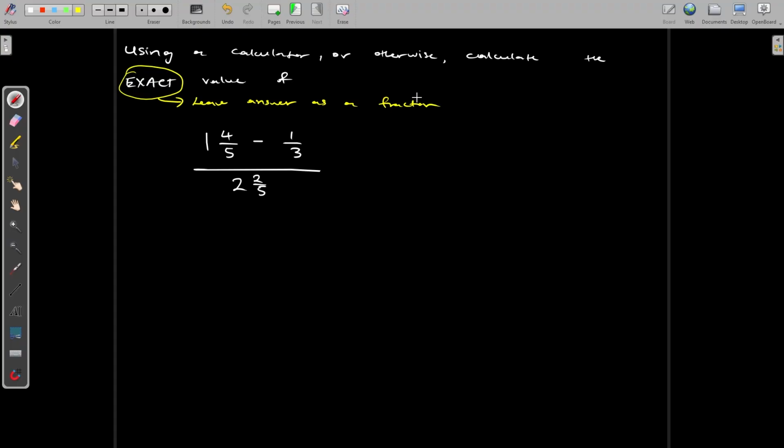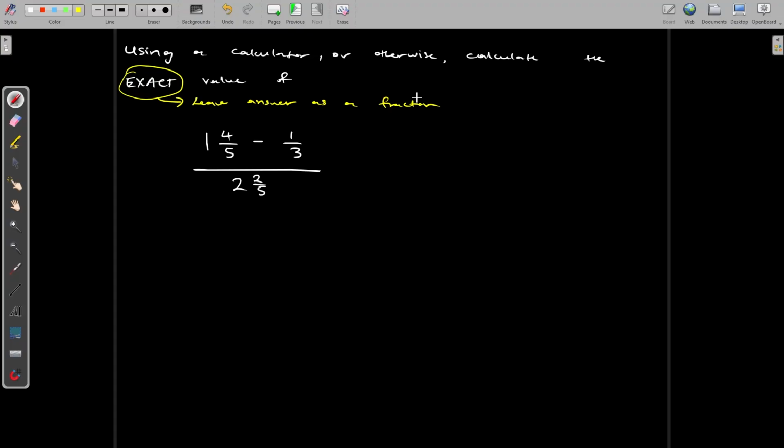So how do we approach such a question? How do we start this question? Change the mixed fraction into improper. Alright, so that's the first thing we need to do.